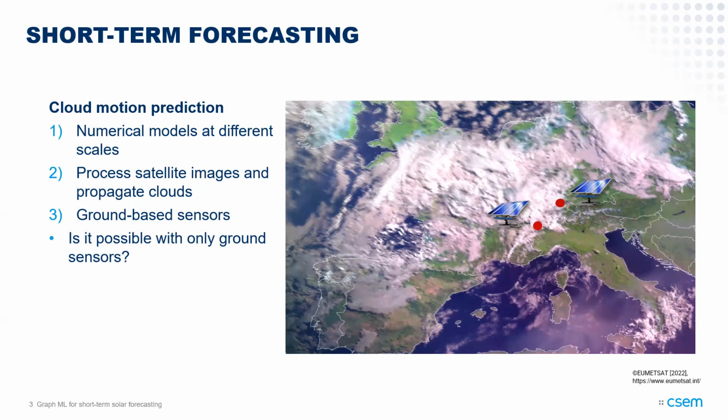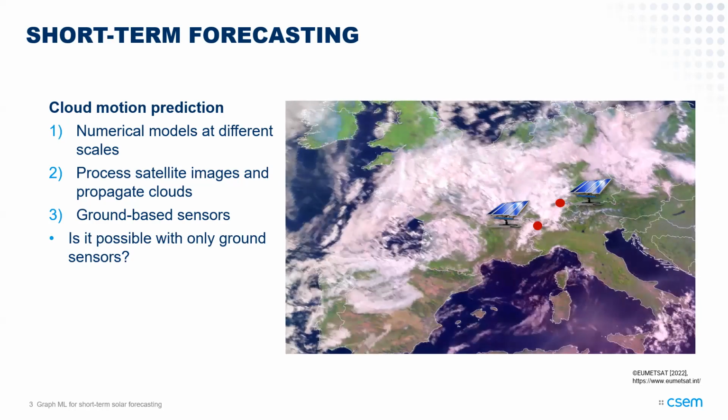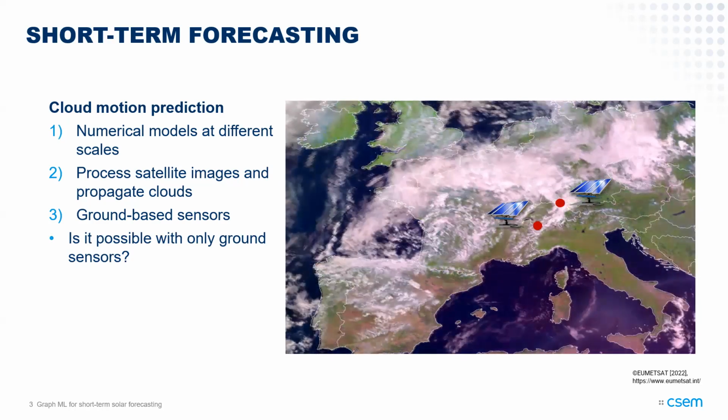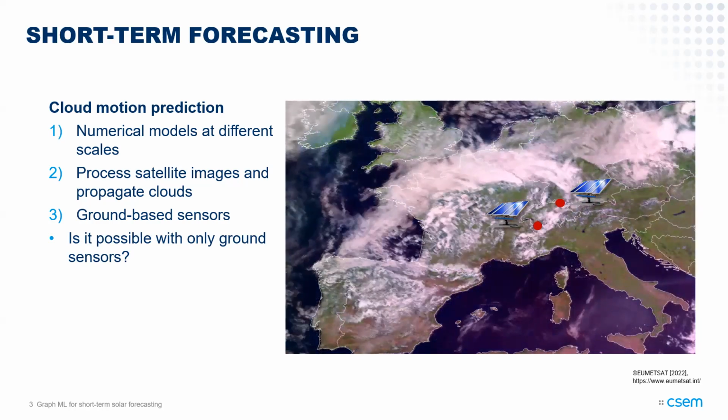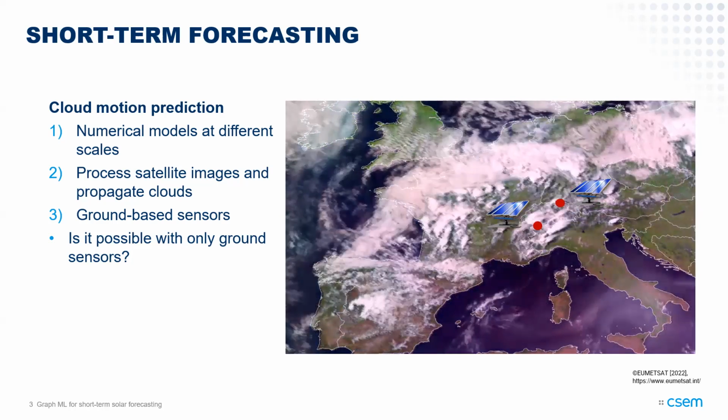So what if we have just 2 sensors, for example, a PV system that is looking at the clouds, and we sense that a cloud is passing at one station? If we know the speed and the direction, then we could say, okay, it might be passing at the other one. Now, what if we have a third sensor, a third PV system?